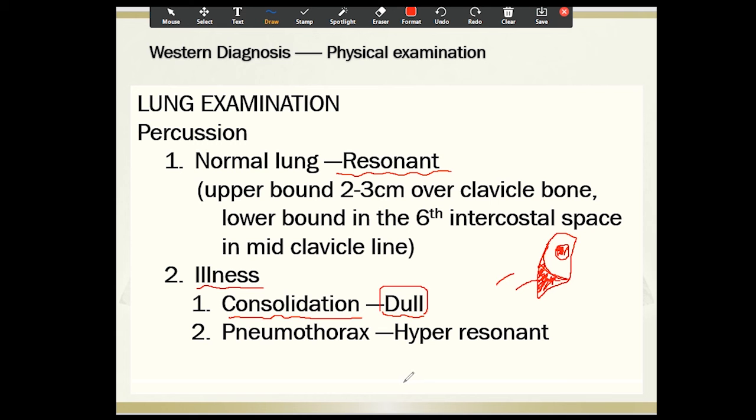Another kind of condition is opposite. It's when more air goes to the lung. What kind of condition is that? One situation is when the bronchial tree has some trouble, like people who have bronchiolitis for a long term, and their alveoli are fusing together.